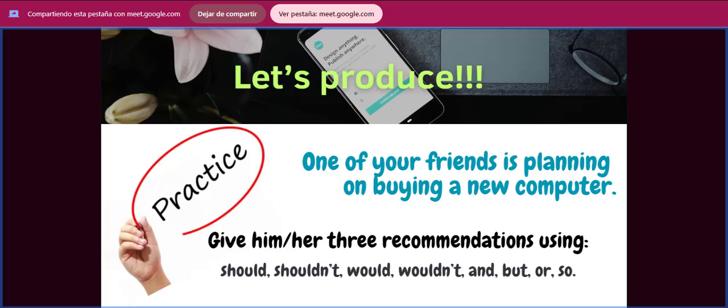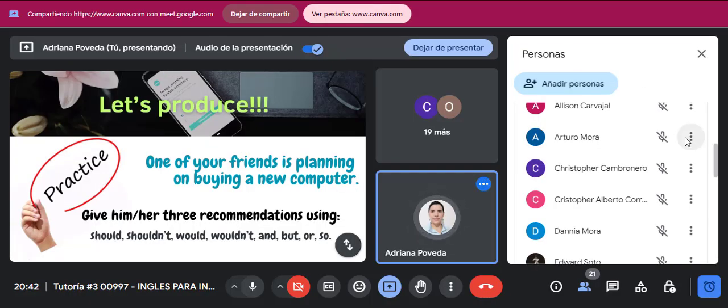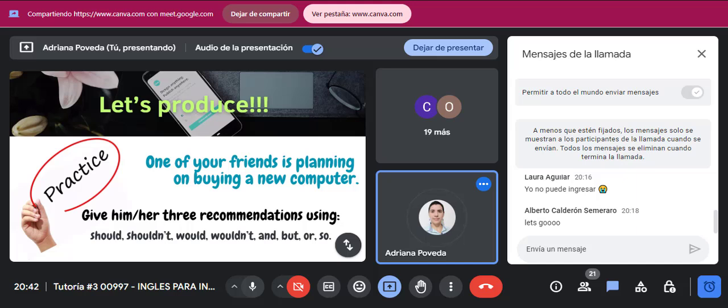You can do it in the chat by yourselves, and if you want me to check what you are writing, you can put them in the chat. I can also open a jam, but the boards and the jams sometimes are a little bit chaotic, so I think it's better if you write them in the chat. Okay, that will be optional.